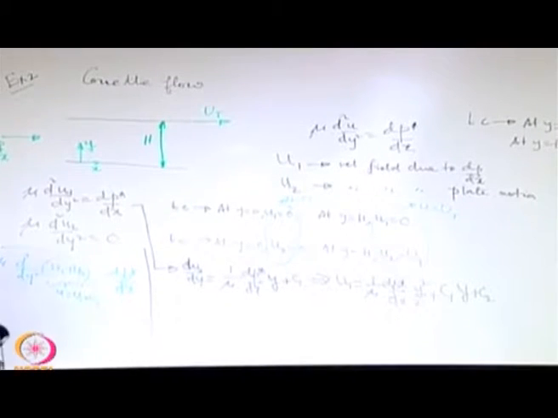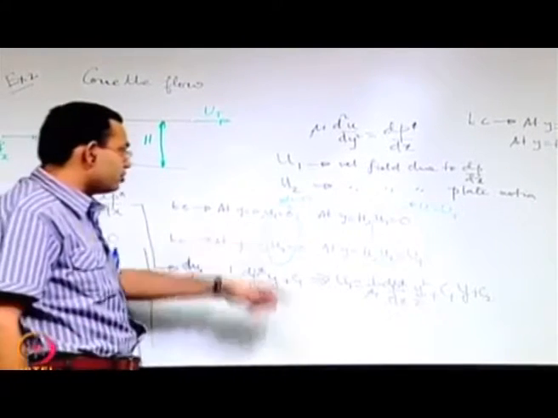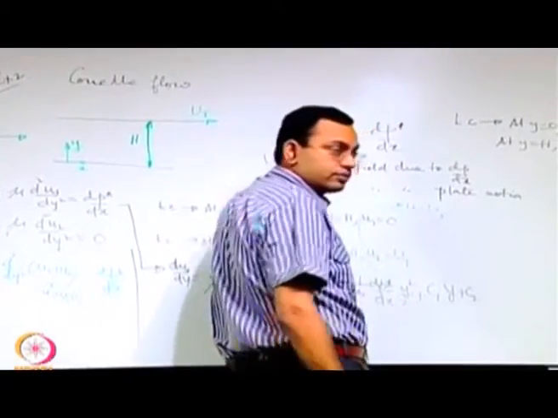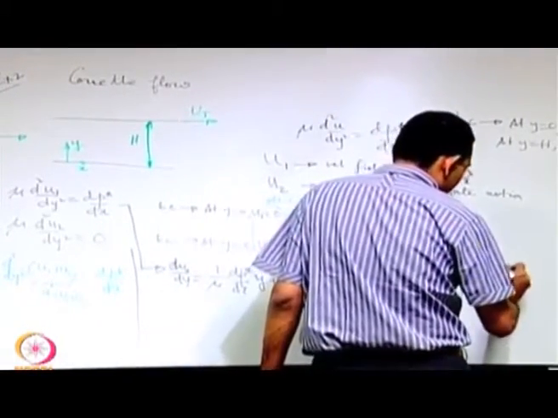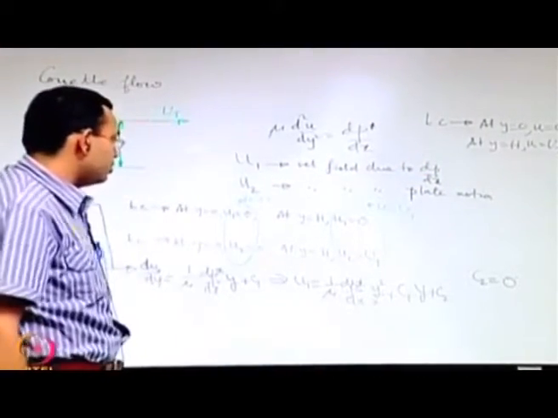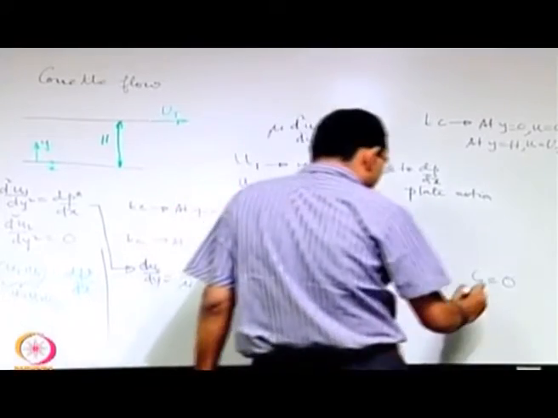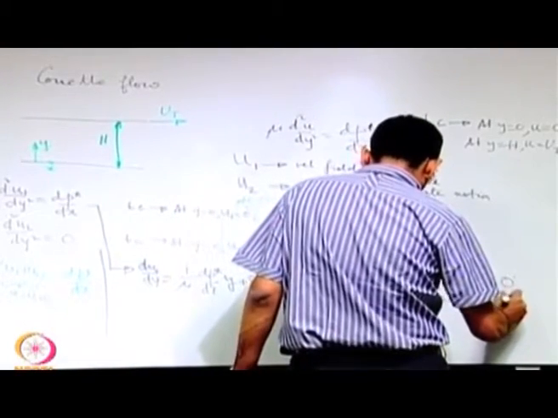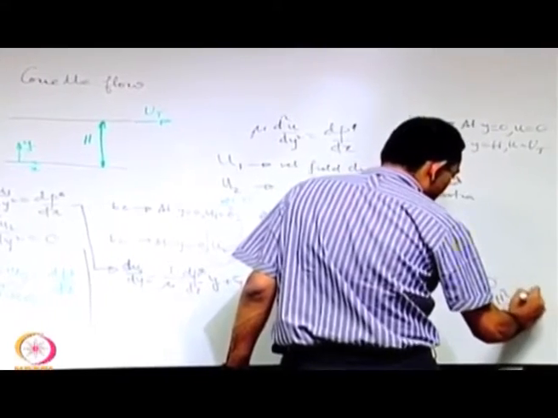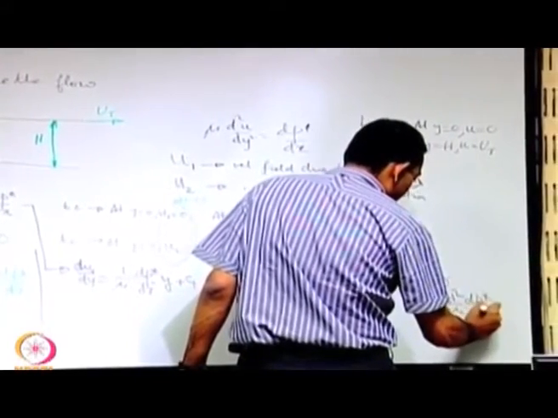Use the boundary conditions for u1. At y equal to 0, u1 equal to 0, that means c2 equal to 0, and at y equal to h, u1 equal to 0. So, c1 is minus h square by 2 mu dp*/dx.